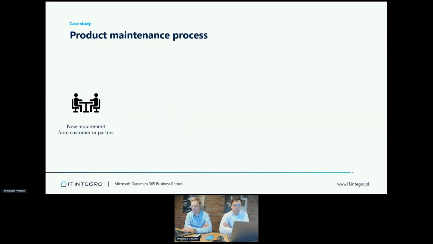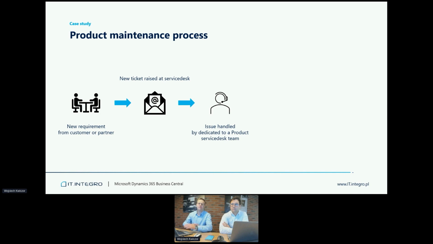Okay, so how do we deal with the process of change? If we have a new requirement, then the customer or partner who is using our app creates a ticket on the service desk, and the person responsible for handling this will analyze if the change is suitable.